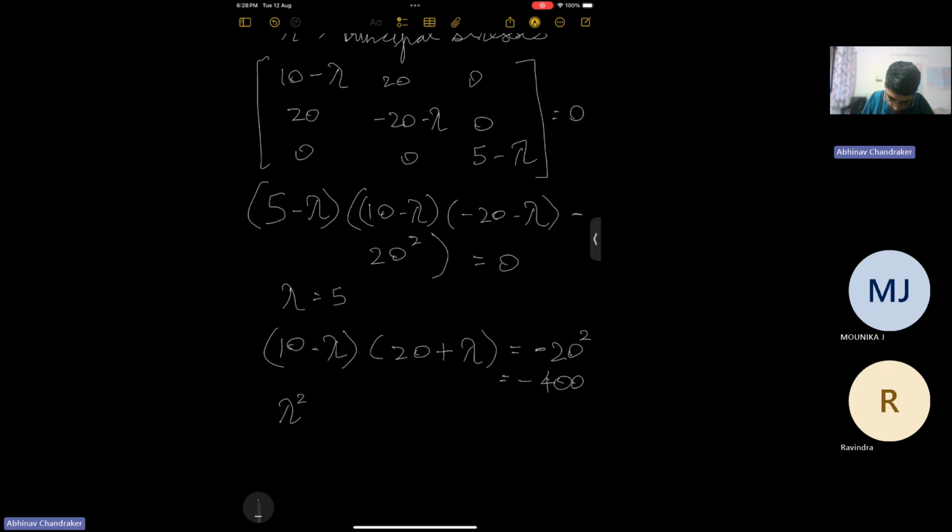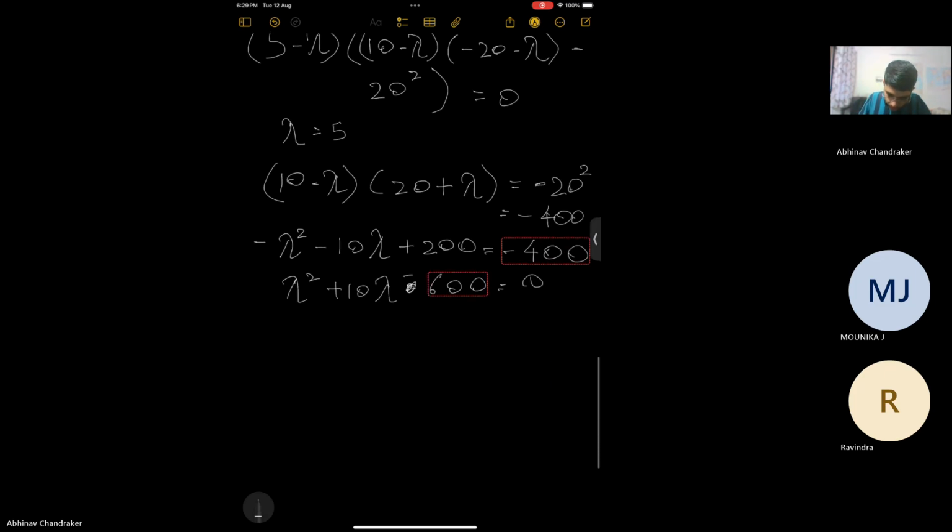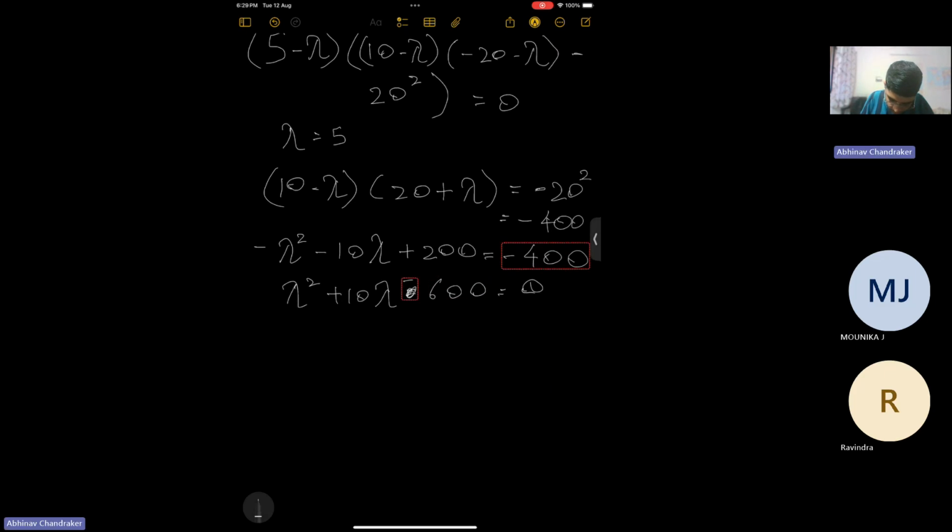Lambda square minus 10 lambda plus 200 equal to minus 400. Lambda square plus 10 lambda minus 600 equal to 0. Now we solve this equation.